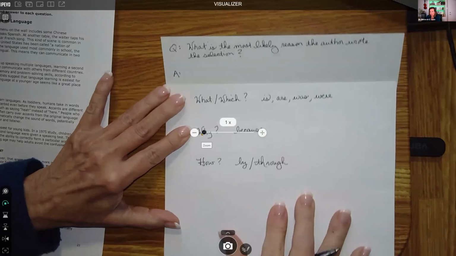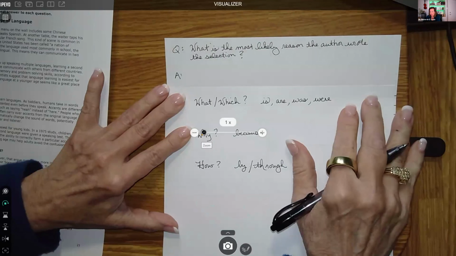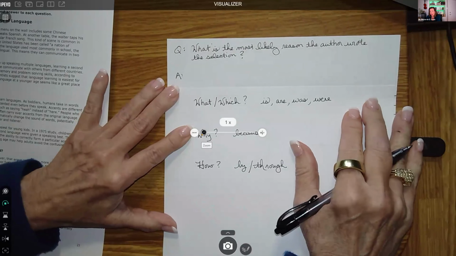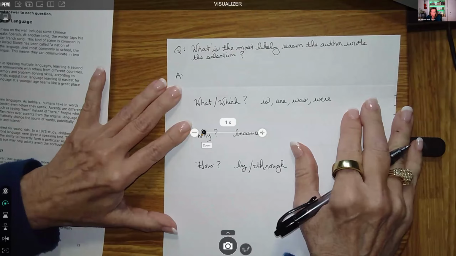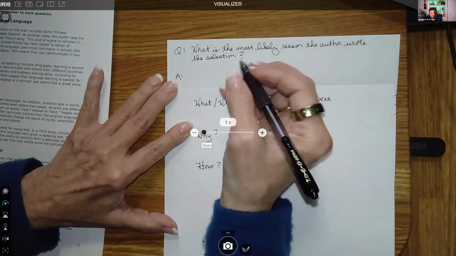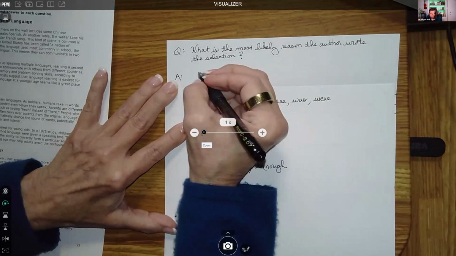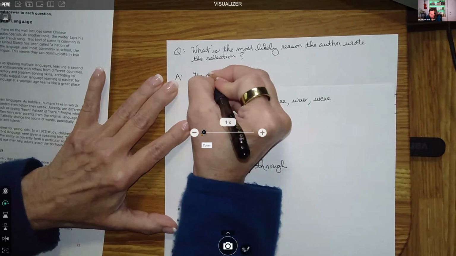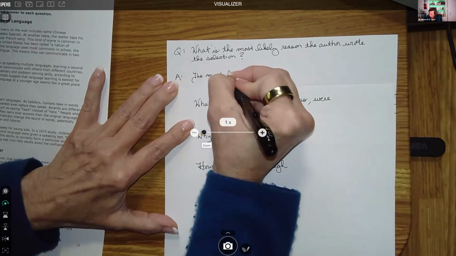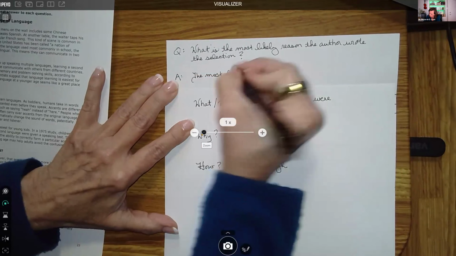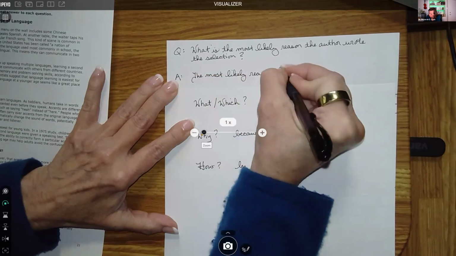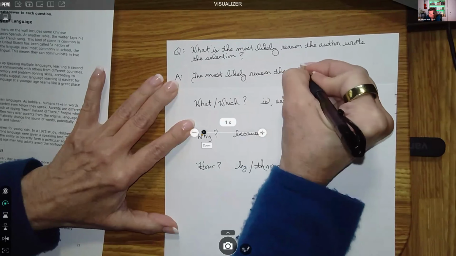So when we ask, what is the most likely reason the author wrote the selection? What we're going to do is what we call flip the prompt, and we're going to write the most likely reason the author wrote.